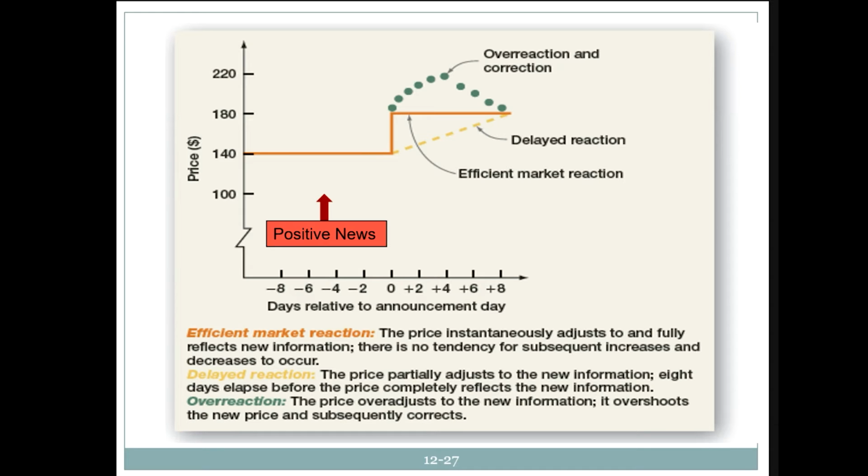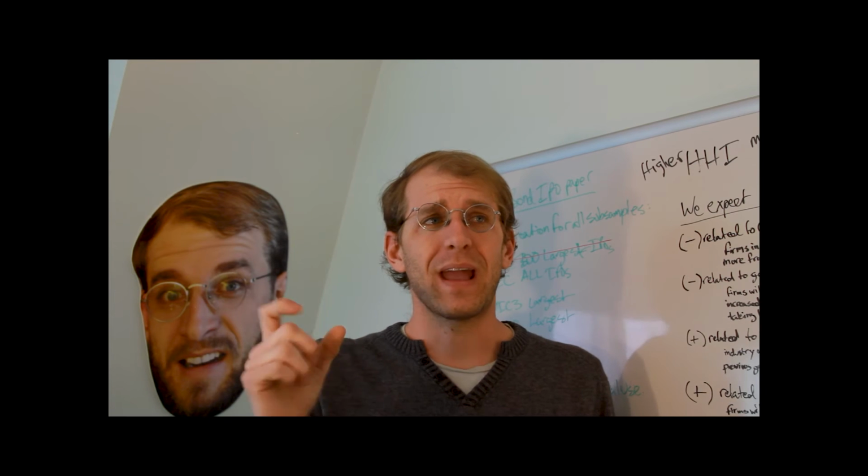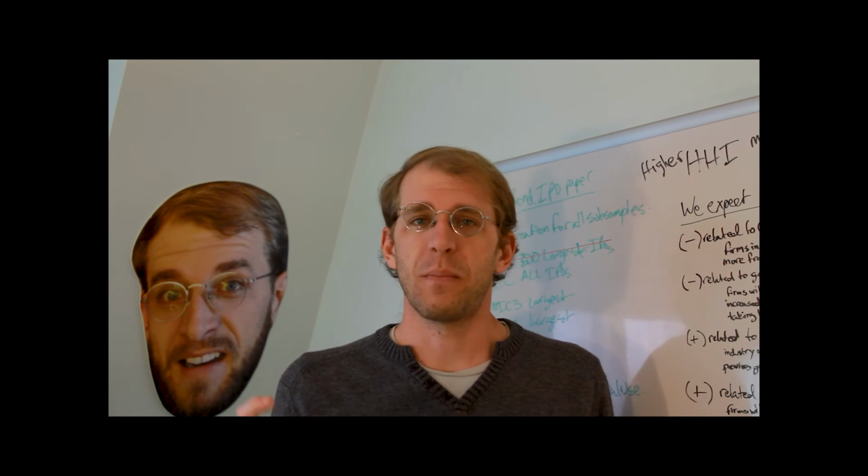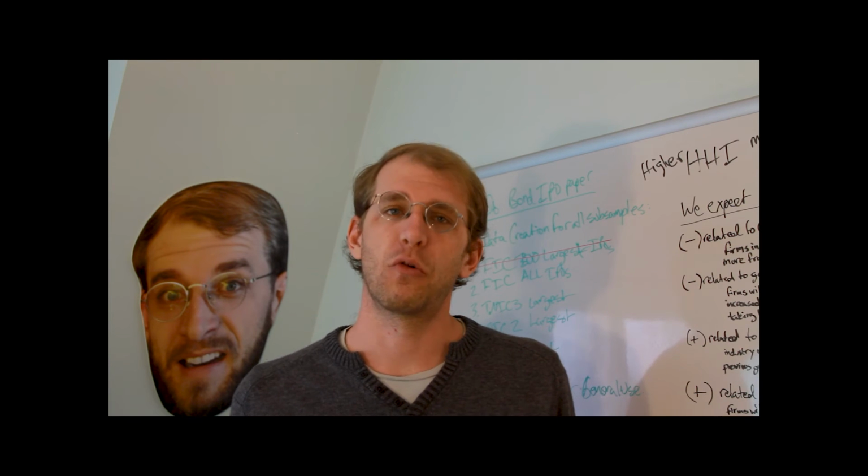I know that the true fundamental value is higher, so I buy it and then I make extra money while the rest of the market catches up to me. Or I see that the market has overreacted and I short it and I capture that extra value as I wait for the market to figure out what I already know. Right? So being able to capture these inefficiencies is what we mean by saying you can earn an abnormal return.